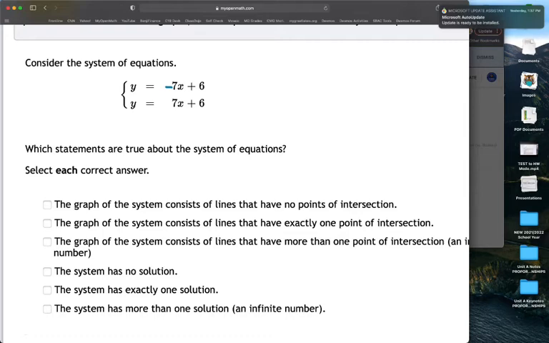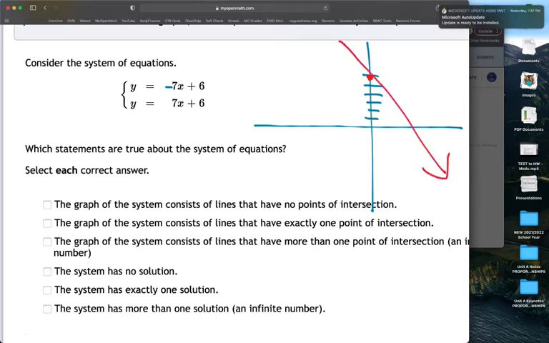So if we were to graph this system, and there is 6, the first equation might look something like this. We know it's going to go through positive 6 on the y-axis because that's the y-intercept, but it's going to have a negative slope. I'm just sketching this, so a little sloppy here.